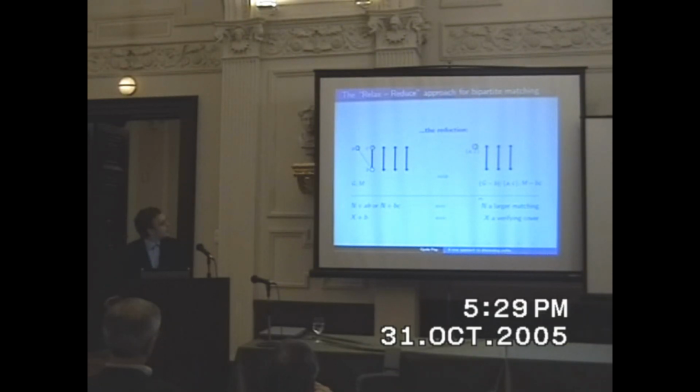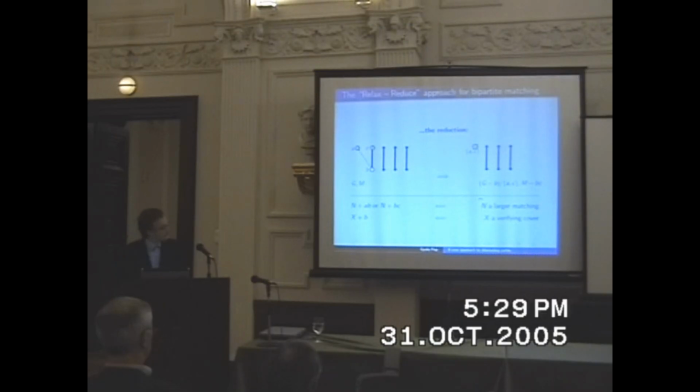A matching M prime in G prime is constructed as the image of M. Now, by induction, Koenig's theorem holds for G prime, hence there is either a larger matching or a cover verifying optimality of our matching.